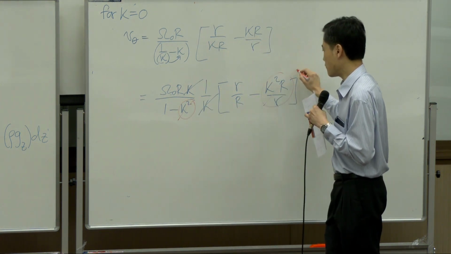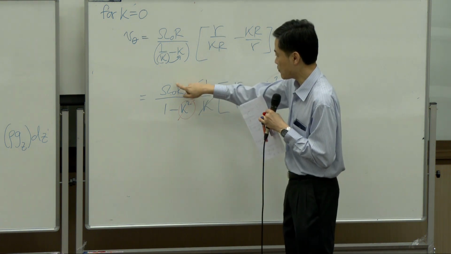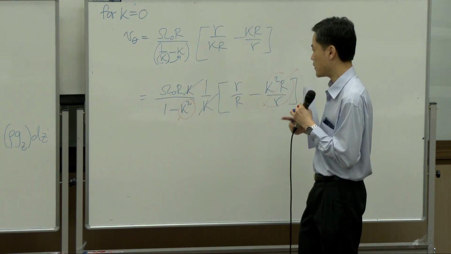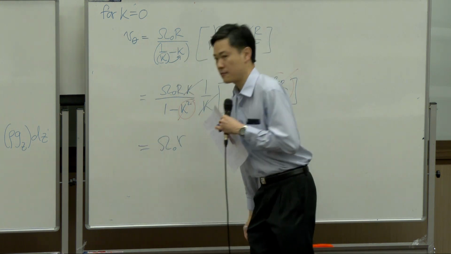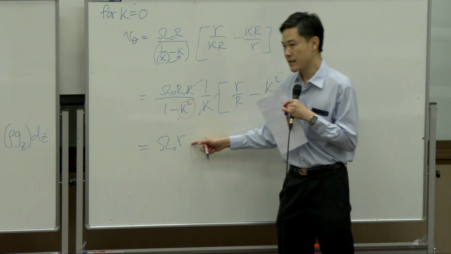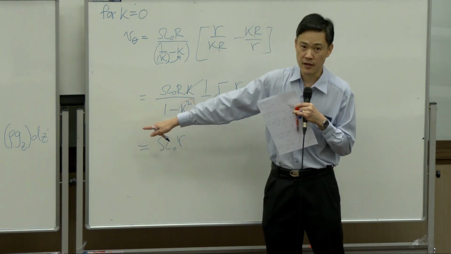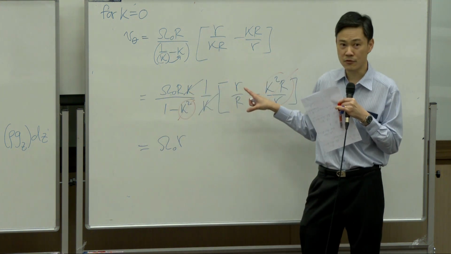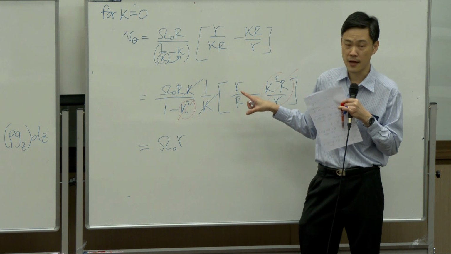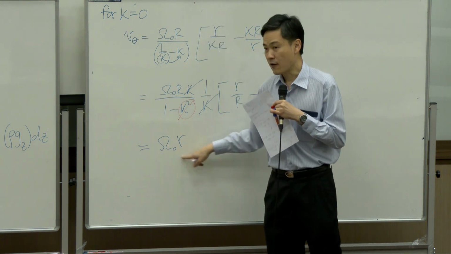The whole term here will be 0. What I have left would be capital R here and cancel capital R over there. Then I will get omega 0 R, which is the basic conversion from angular velocity to linear velocity. So that means my equation is supposed to be correct. Without the middle rod, it follows simple physics.